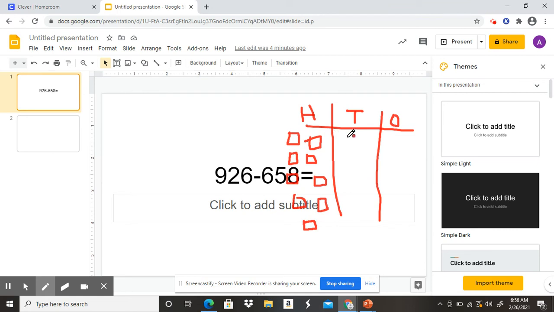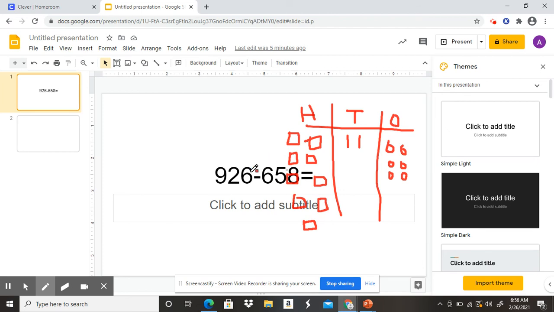And then I have 2 in the tens place, so that's 1, 2. And I have 6 in my ones place. That's 1, 2, 3, 4, 5, 6. And you'll notice I just draw those sticks for the tens place and the circles for the ones and the square for the hundreds so I don't get them confused. So now I have my very first number.